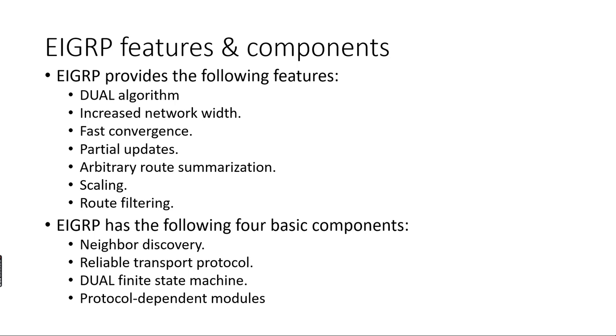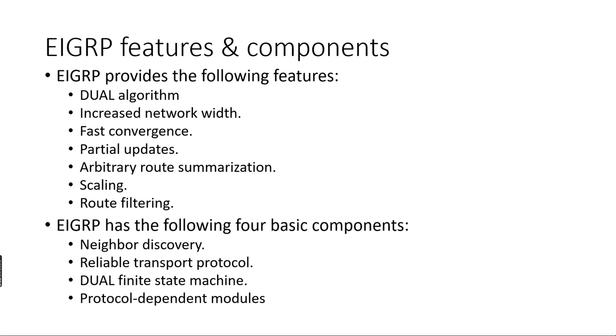Next, the neighbor discovery mechanism; we'll see that under the basic components. The next one is arbitrary route summarization, which means automatic summarization.